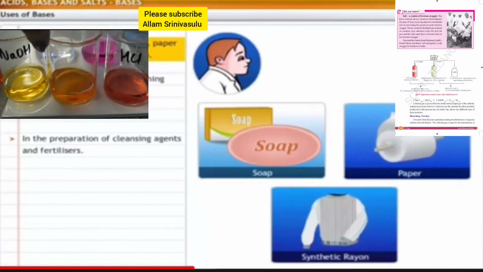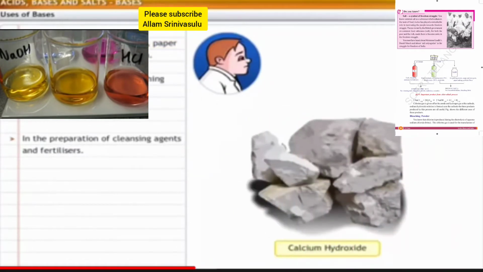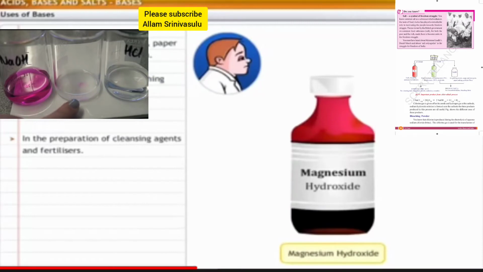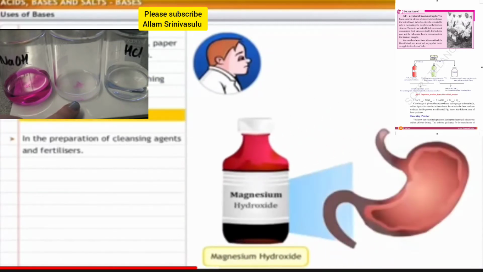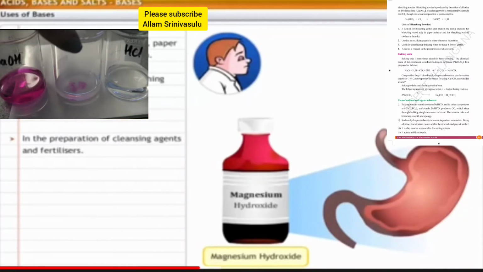Sodium carbonate is used in soap making, sodium bicarbonate in washing powder and cloth, calcium hydroxide in bleaching powder, and magnesium hydroxide, Mg(OH)2, is used for stomach pain, acidity and antacid tablet making.